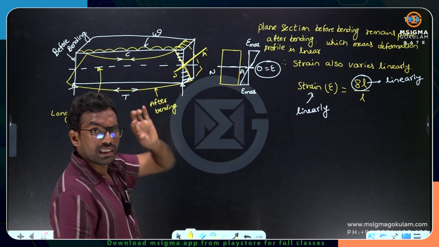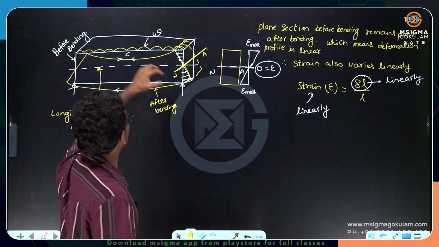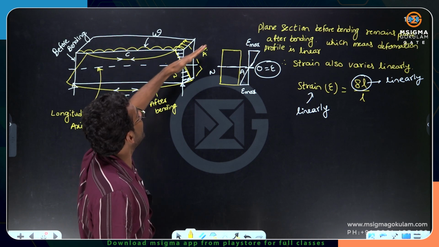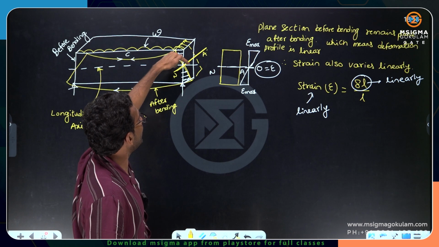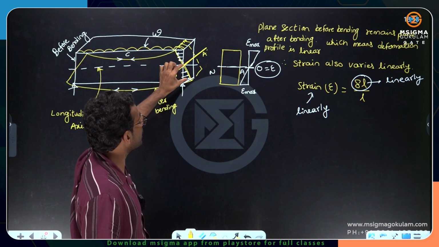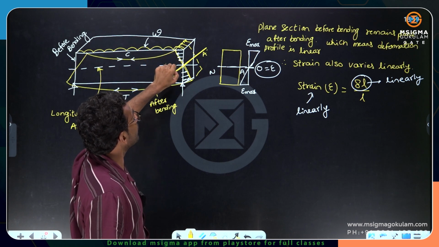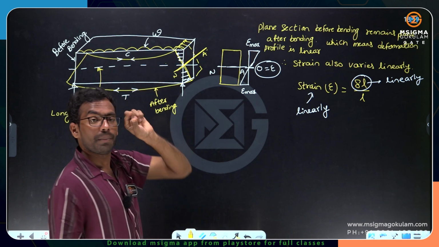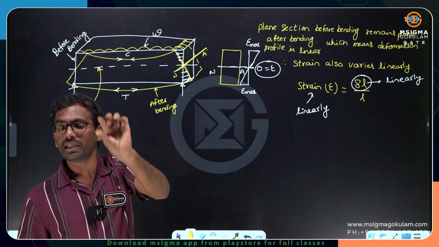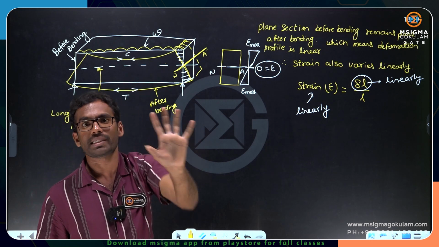So, my dear friends, very important thing: when there is a transverse load, bending occurs. That bending causes compression and tension, compression above the neutral axis and tension below it, and bending is happening about one horizontal axis, which is called the neutral axis. Please understand, bending occurs about the neutral axis.